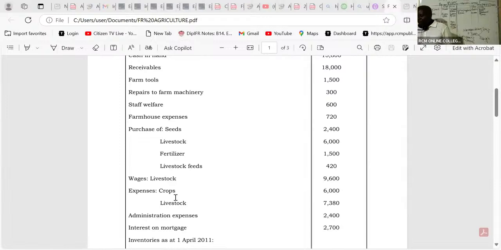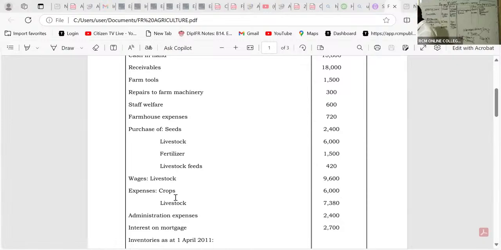Of course, even the additional information, they haven't told us anything. So these are what we call common expenses, what in management accounting you call overheads. So those cannot come to revenue accounts, because in revenue accounts we normally take crop specific and livestock specific expenses. Interest on mortgage cannot be charged to crops.